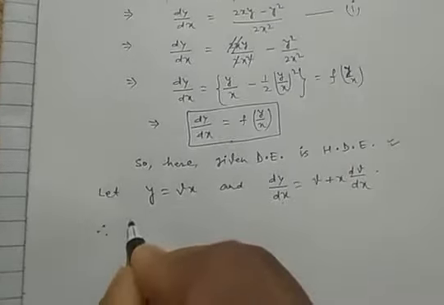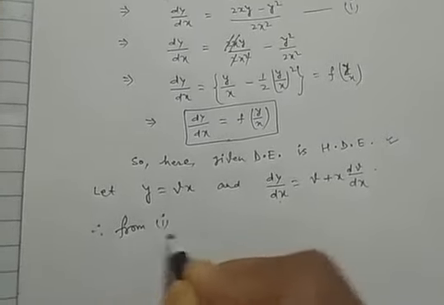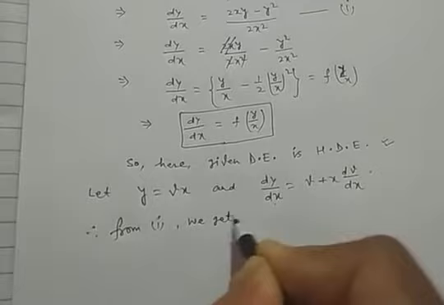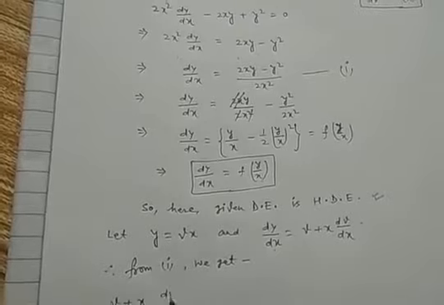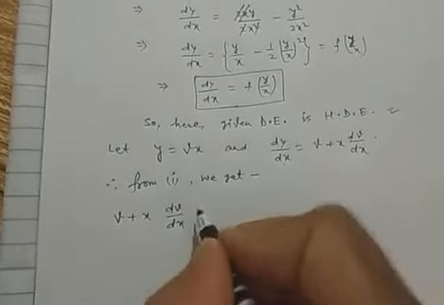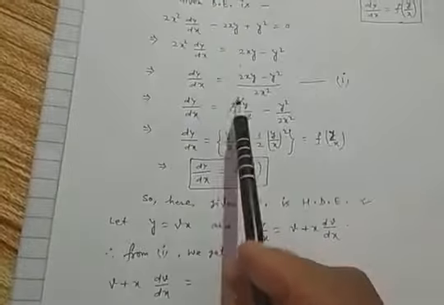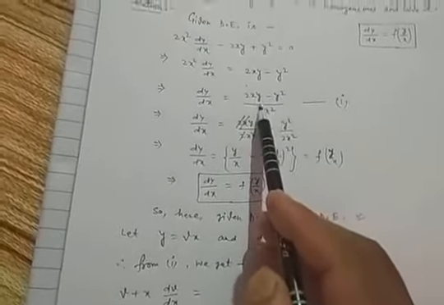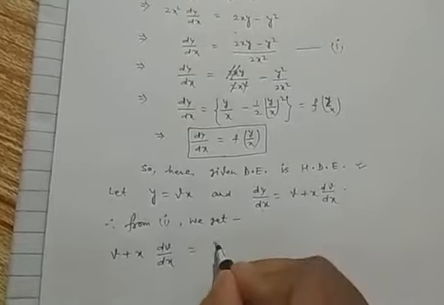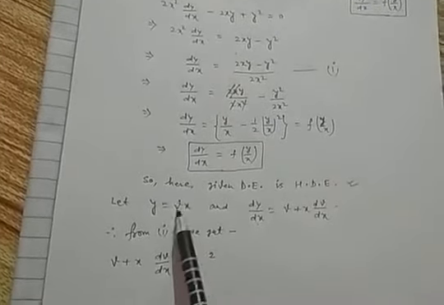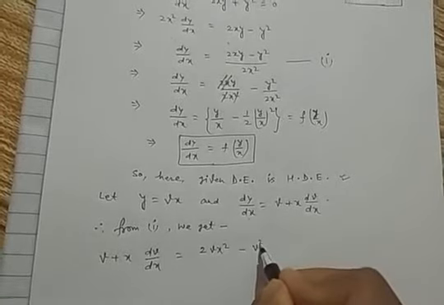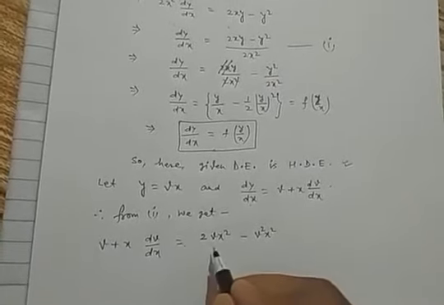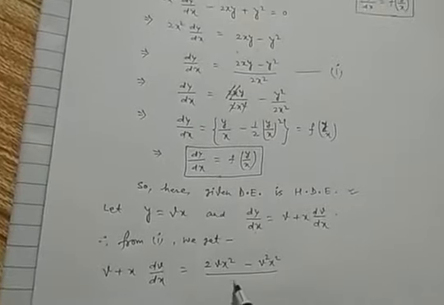Therefore from 1 we get dy by dx, that is v plus x dv by dx, equal to 2xy, that means 2 into vx, so here will be 2v x square, minus y square, that is v square x square, upon 2x square.